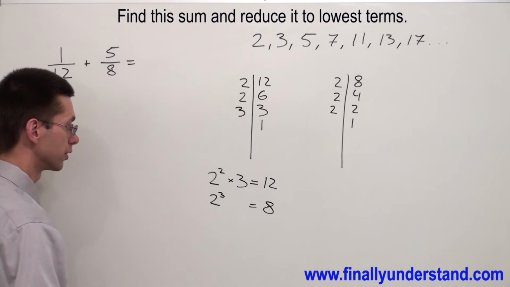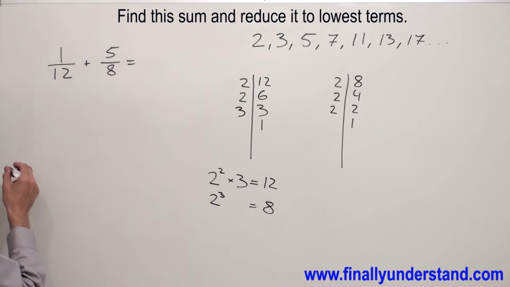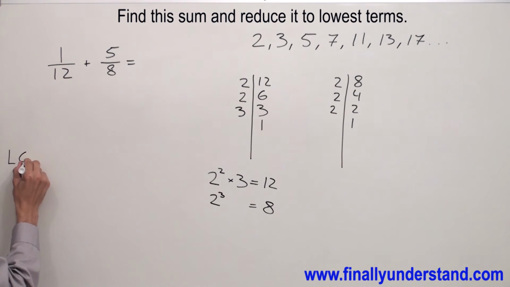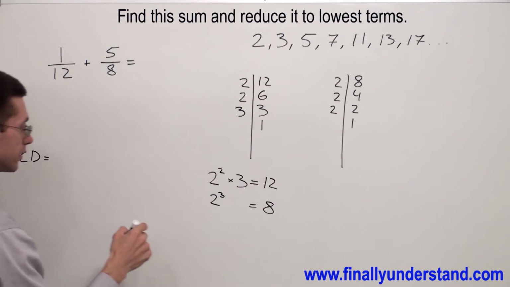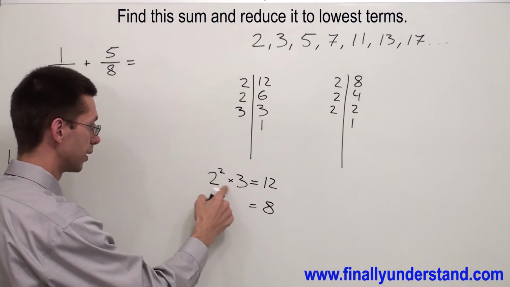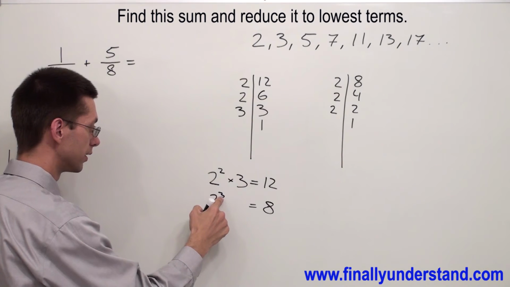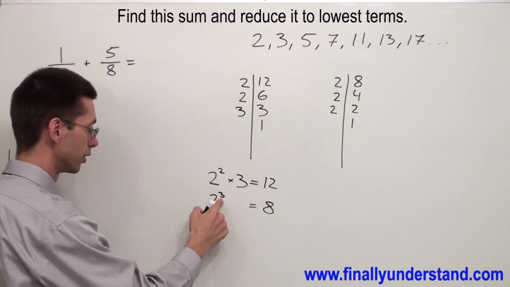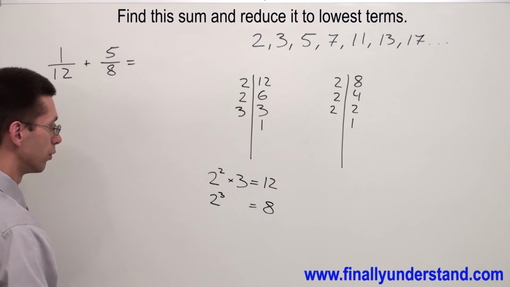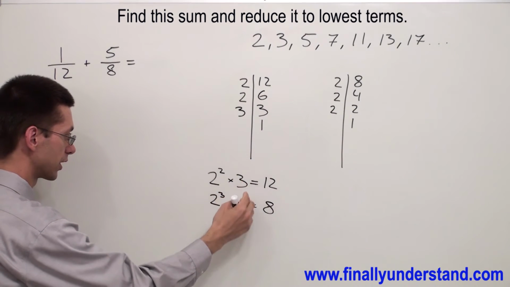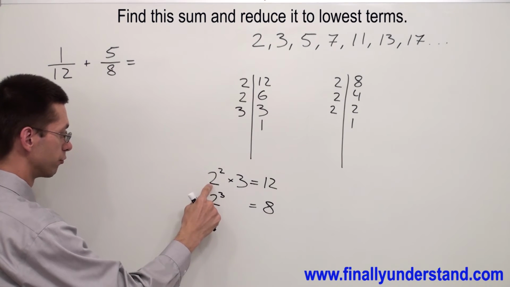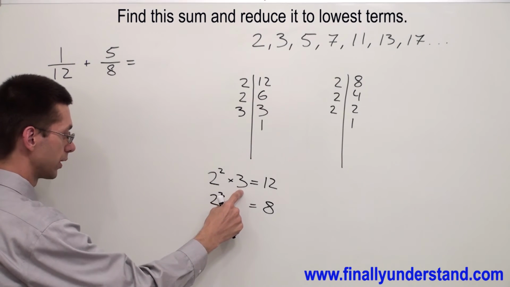Anytime you're looking for the lowest common denominator, you always have to look at the different numbers and the highest powers. We have just two different numbers in our equation. I'm talking about the left side of each equation. I have 2 and I have 3.